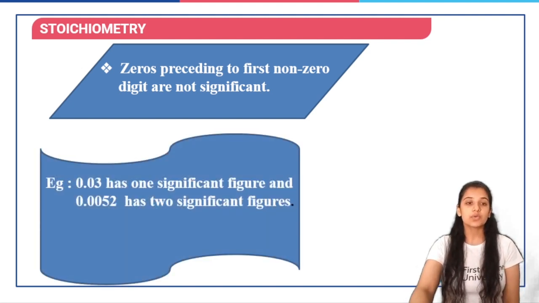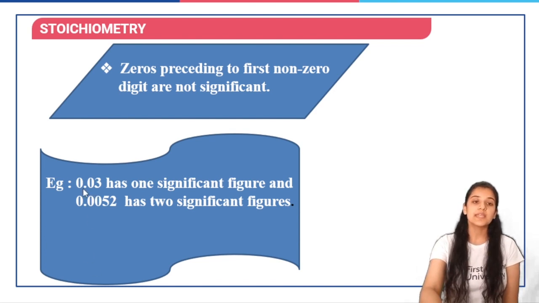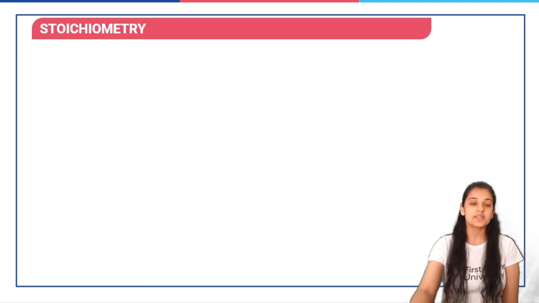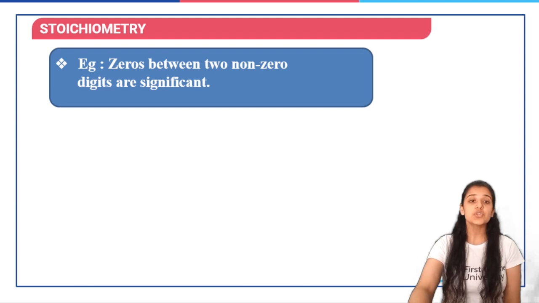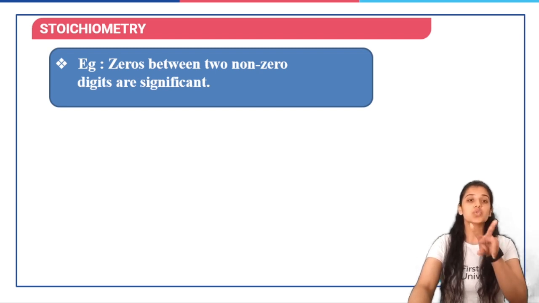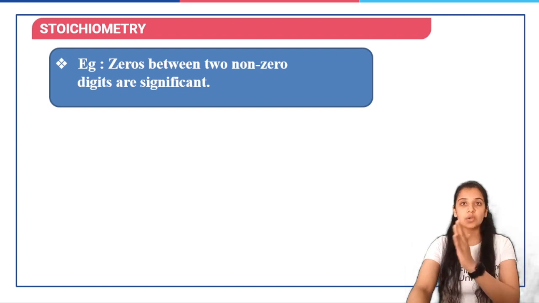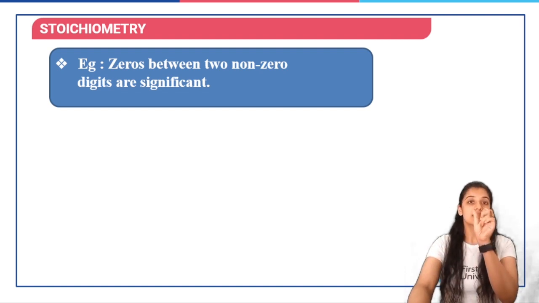So 0.03 has one significant figure, okay? So preceding zeros have no value, so 3 is the only significant figure. Here 5 and 2 are two significant figures, right? So zeros between two non-zero digits, they are significant. If I say 303, so that is significant.